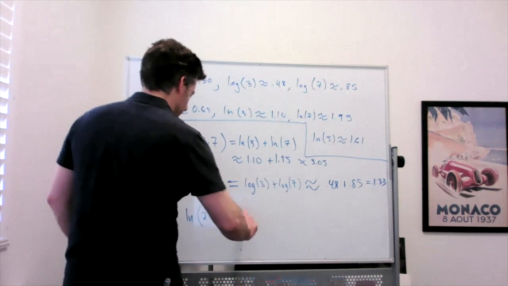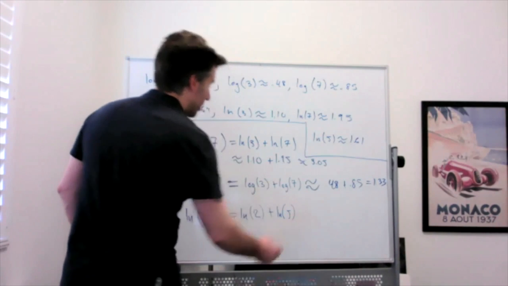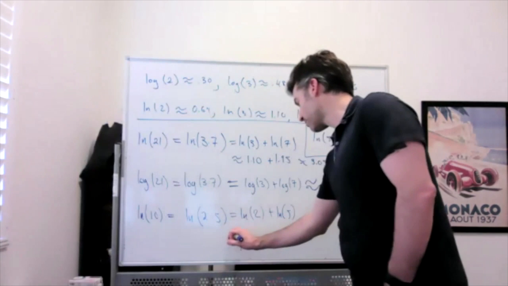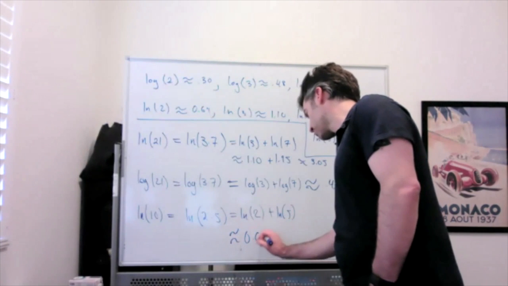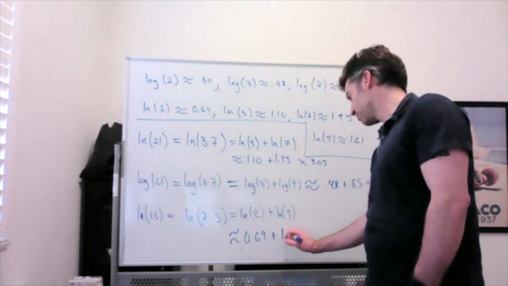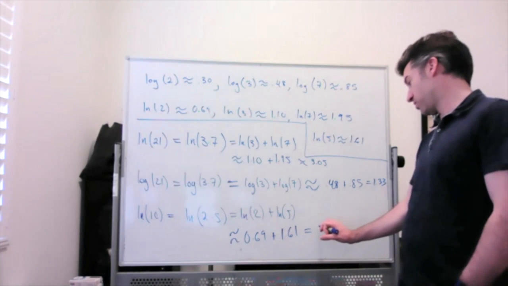So that's going to be the natural log of 2 plus the natural log of 5. Natural log of 2 is about 0.69. Natural log of 5 is about 1.61. And adding those together, we get 2.30.